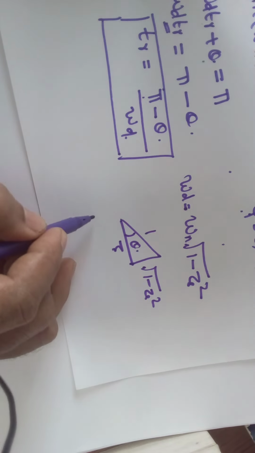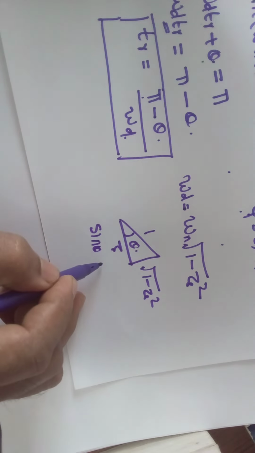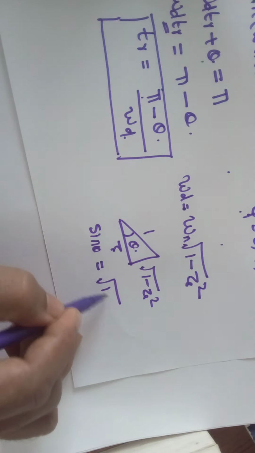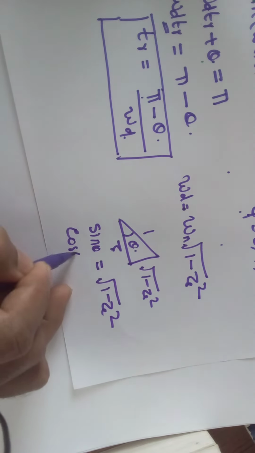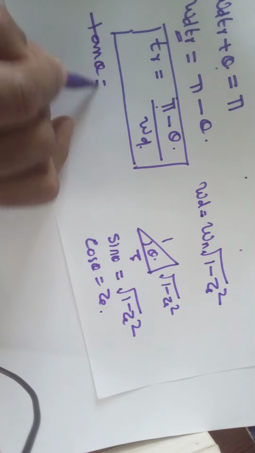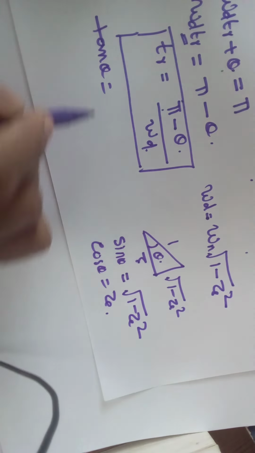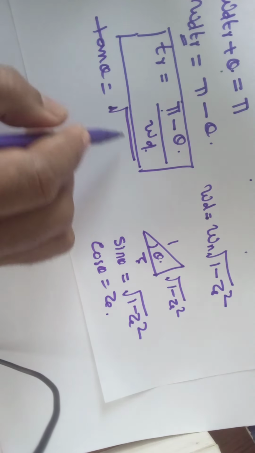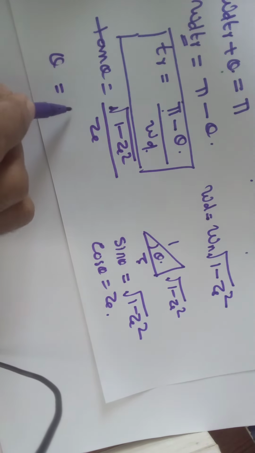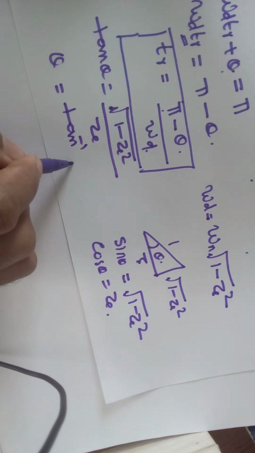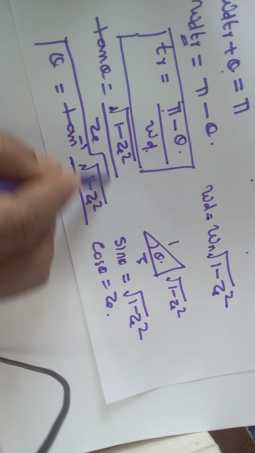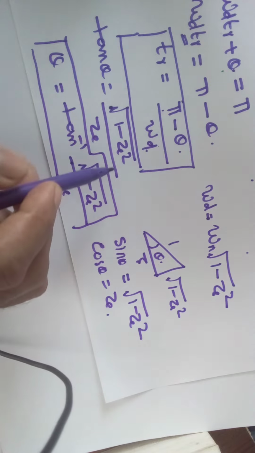Therefore sin theta is equal to opposite side by hypotenuse, square root of 1 minus zeta square, and cos theta is equal to zeta, and tan theta is equal to opposite side by adjacent side, which is square root of 1 minus zeta square divided by zeta. Or we can write theta is equal to tan inverse of square root of 1 minus zeta square divided by zeta.